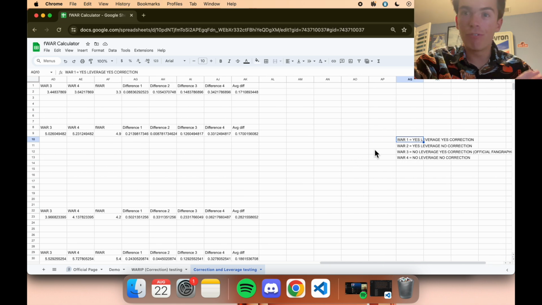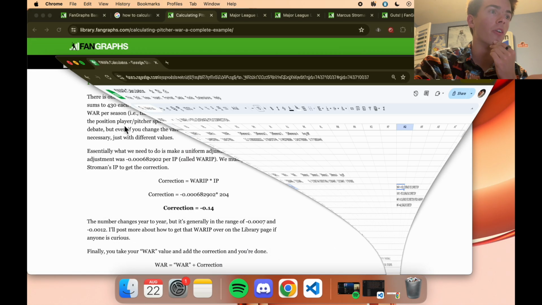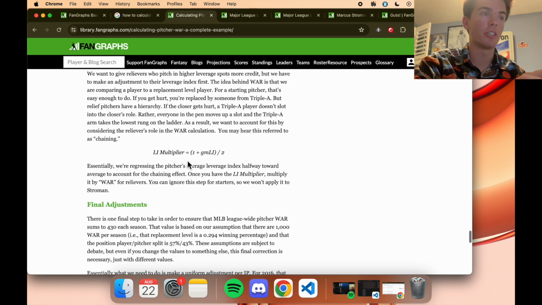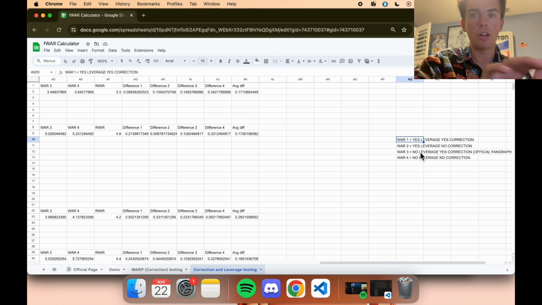So I calculated 4 different versions of WAR. First was using the leverage, as shown in the other, using this leverage index multiplier. So I worked through every permutation. Using the index multiplier for leverage, yes, and using the correction that we did, yes.